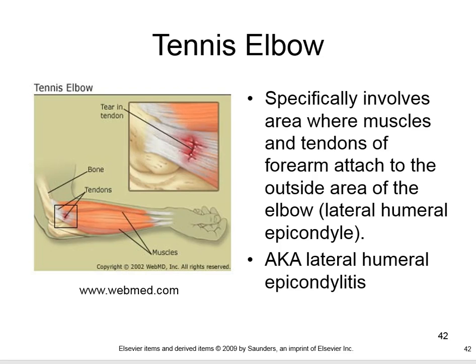Baseball players, bowlers, gardeners, landscapers, house or office cleaners, carpenters, mechanics, and assembly line workers can have this. And just FYI, golfer's elbow is the same process occurring on the inside of the elbow. So this would be the medial humeral epicondylitis with golfer's elbow.